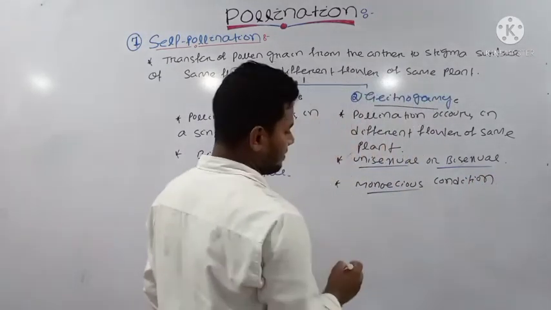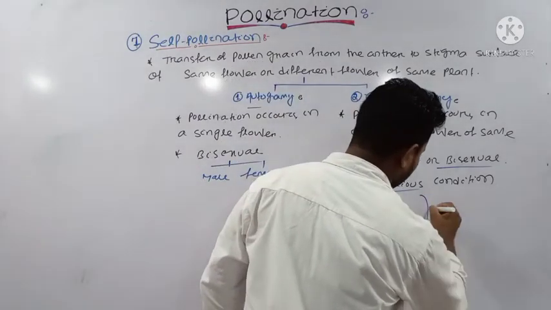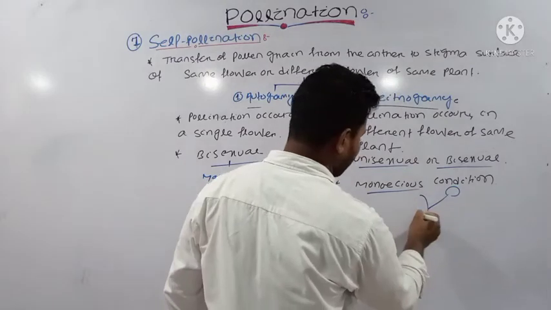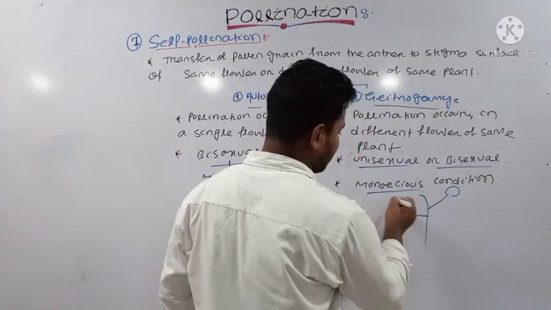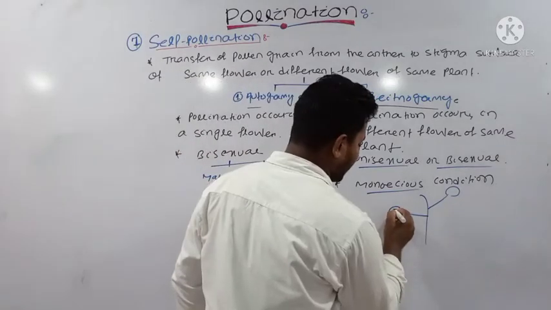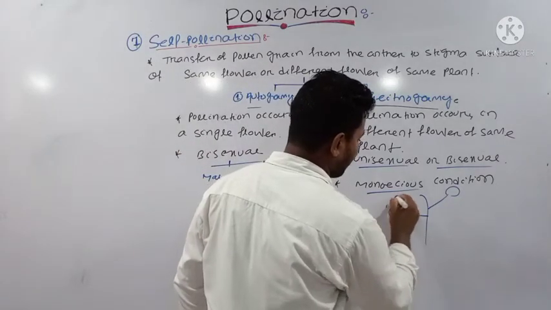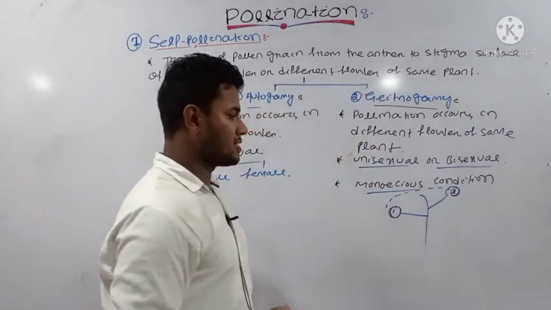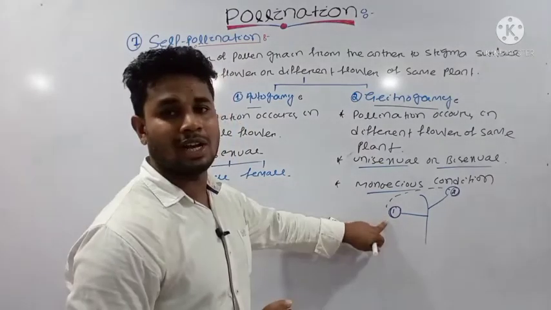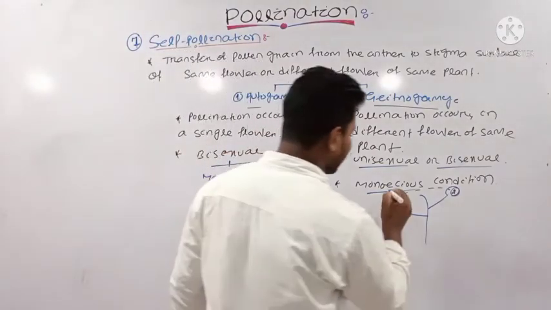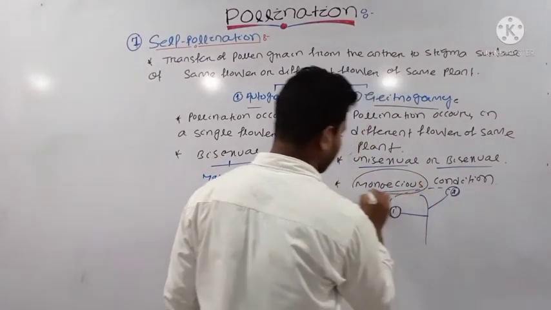Suppose this is a plant, and here a flower is present, and here another flower is present. Then in geitonogamy, the pollen grain of this flower falls on the stigma surface of the second flower, and this is called the geitonogamy process. This condition is called the monoecious condition.